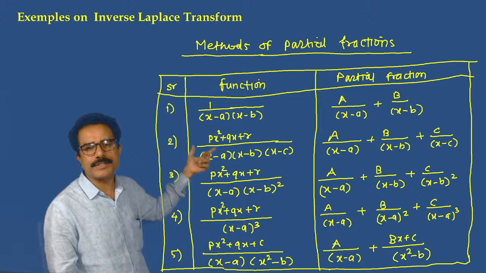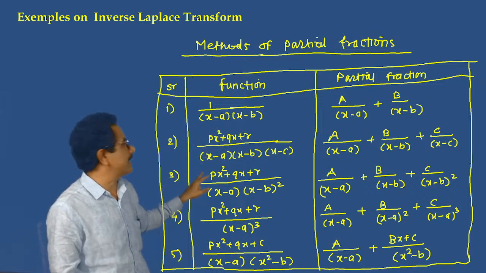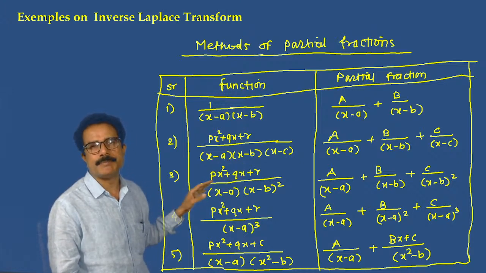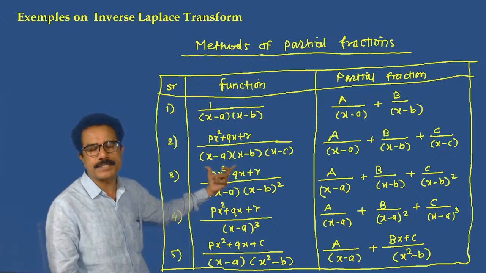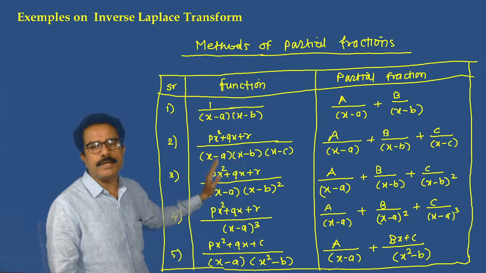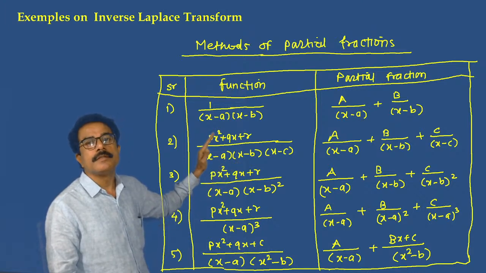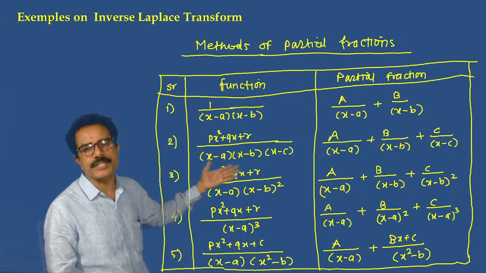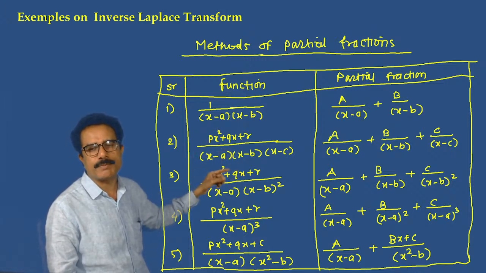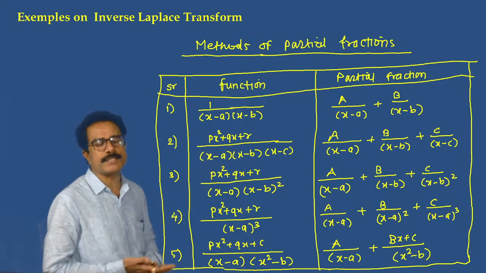Suppose the second function is of the type (px square plus qx plus r) divided by (x minus a) into (x minus b) into (x minus c). Actually there are three brackets in the product in the denominator. Then we need three constants A, B, C for its partial fraction: A upon x minus a plus B upon x minus b plus C upon x minus c.